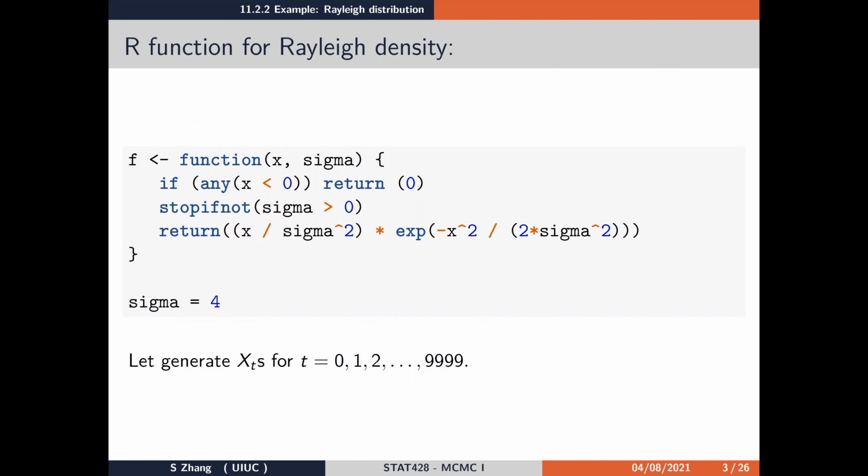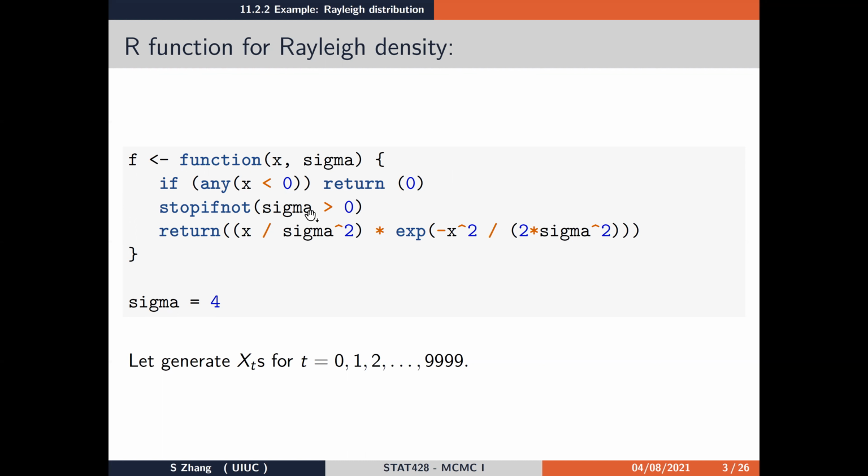So to implement this code, let's first create a function for the Rayleigh density. So this function f is the Rayleigh density. It takes value x, which is the random variable's value, and also the sigma parameter, which in our case is equal to 4. For x's that are outside of the range, so for x's that are negative, the density will be equal to 0.